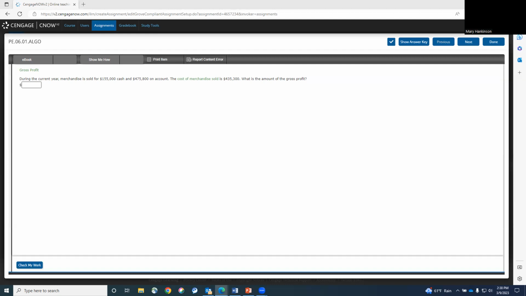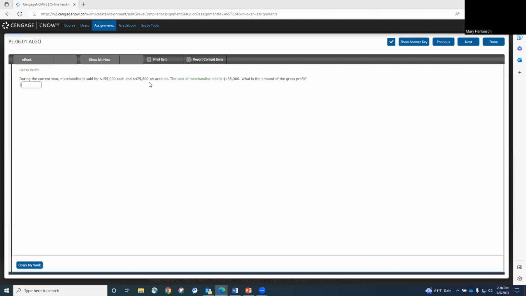It says during the current year, merchandise is sold for 155,000 cash, 475,800 on account. The cost of the merchandise sold is 435,300. Well, we just learned that gross profit is your sales less the cost of merchandise sold. So they kind of tried to trick you in this problem because they split the sales up between cash and on account.